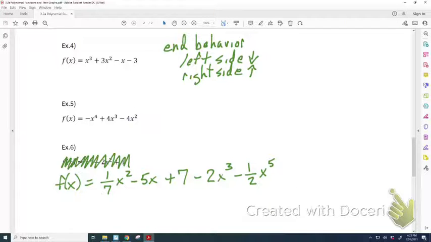All right, let's try number 5. End behavior. Left side, right side. This time we have an even n, 4, and a negative front number. So it is going down and going down.